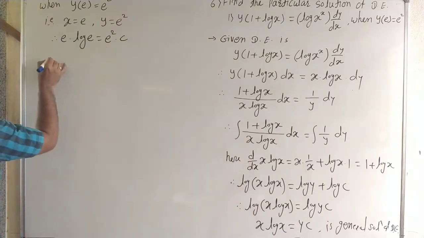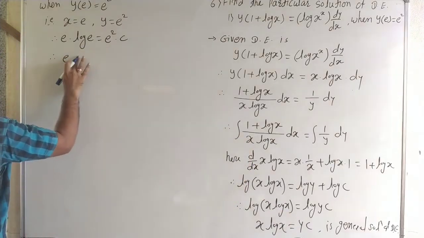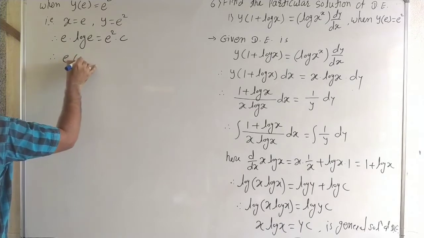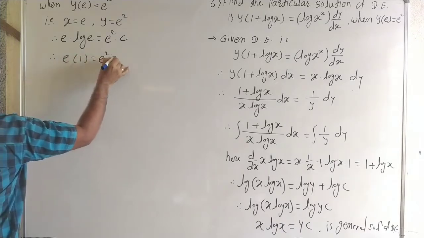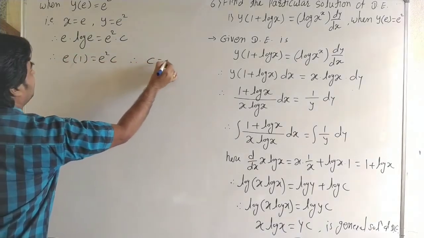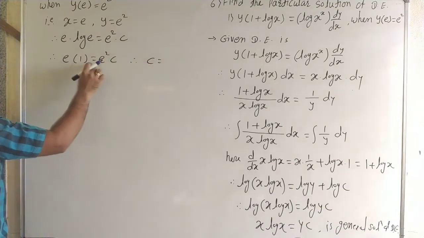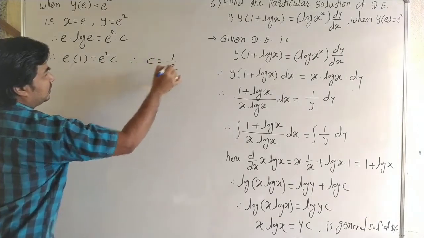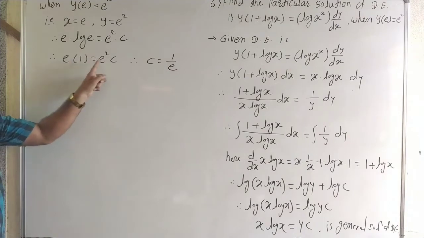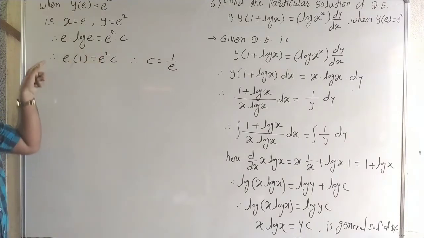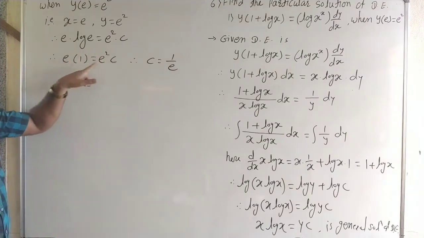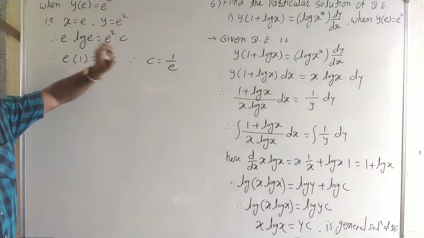Then we get here log e is equal to 1, then e square into c, and therefore c is equal to, here e gets cancelled, 1 is equal to e into c, that means c is equal to 1 by e.